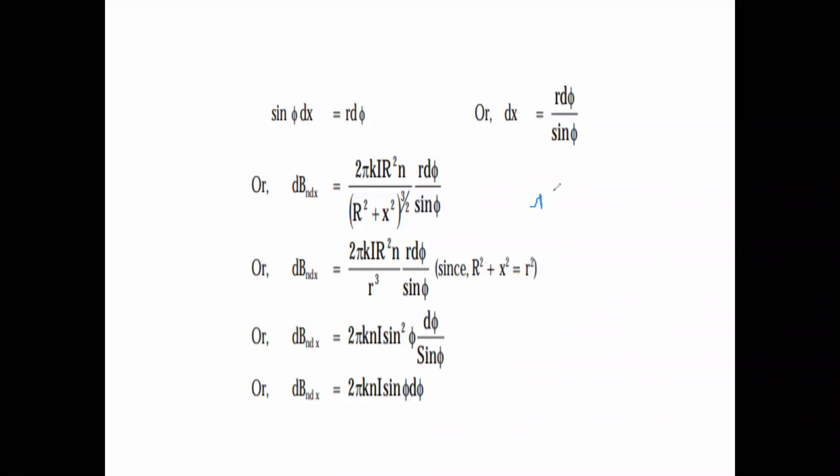So capital R square by small r square is equal to sin square phi. So simply here sin square phi is cancelled. So finally, this is equal to 2 pi k n i sin phi d phi.